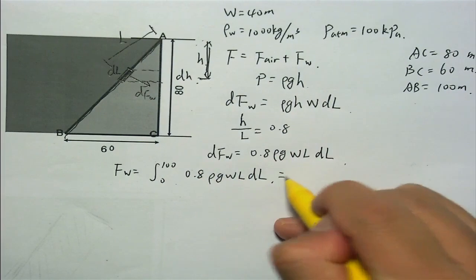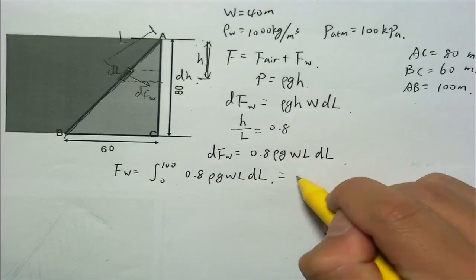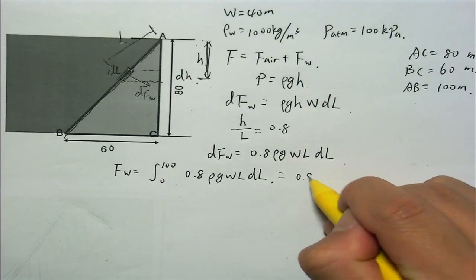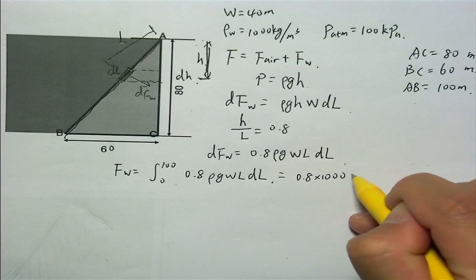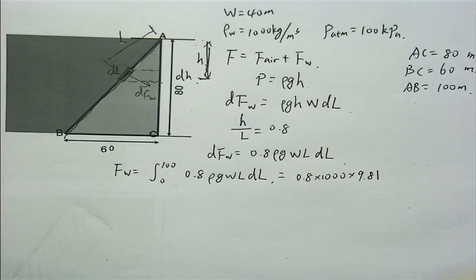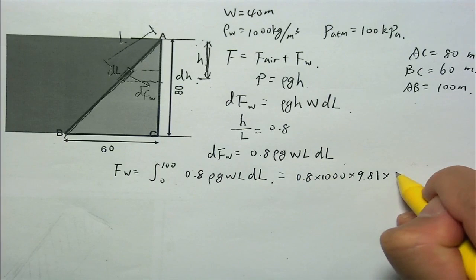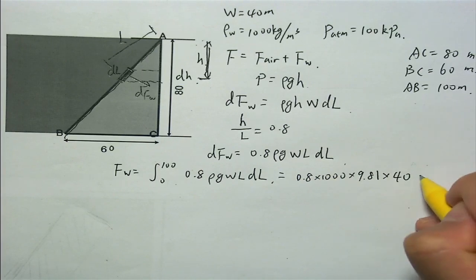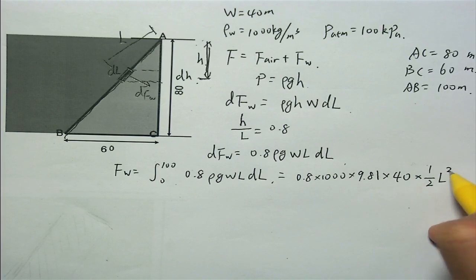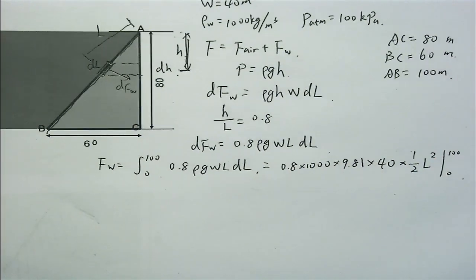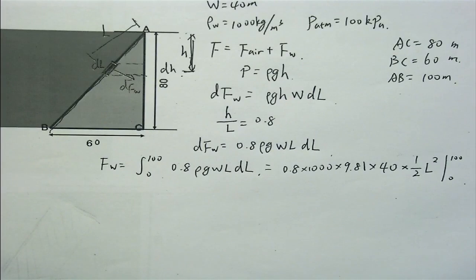So we got 9.81 multiplied by 40 multiplied by half L squared from 0 to 100, right?